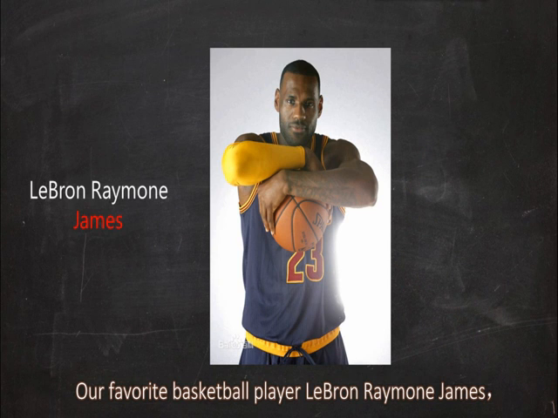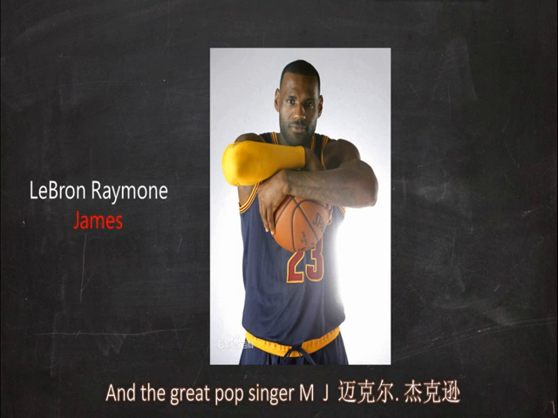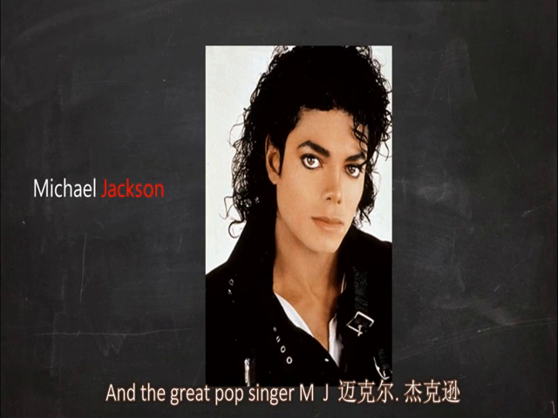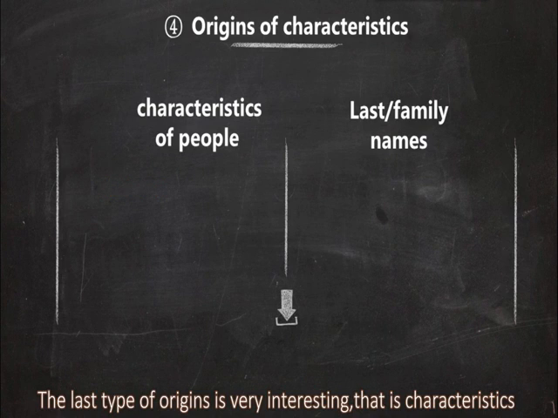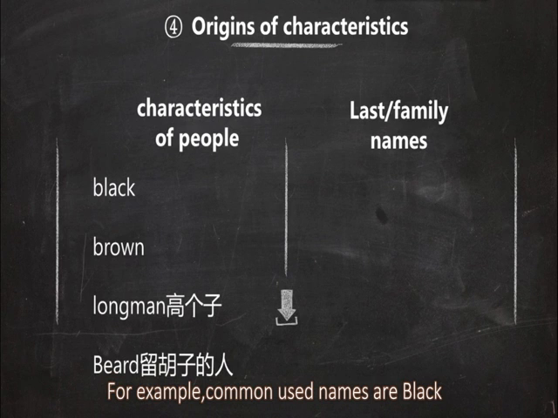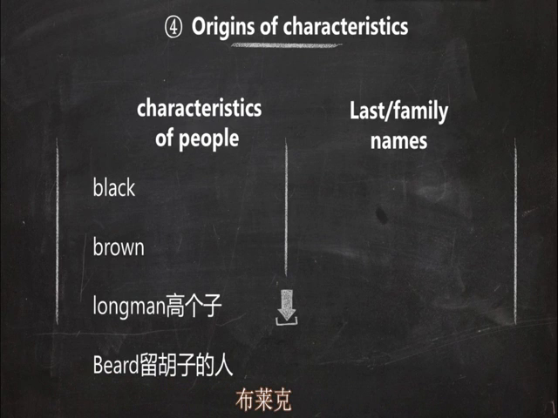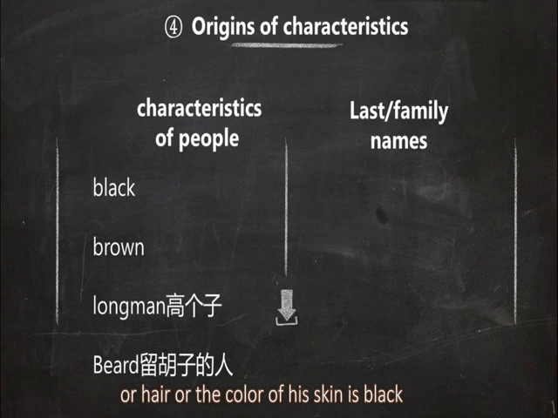Our favorite basketball player, LeBron Raymone James, 篮球明星 James, and the great pop singer, MJ, Michael Jackson, they both belong to this type. The last type of origins is very interesting. That is, characteristics. For example, Black, 布莱克, refers to someone who has black eyes or hair, or whose skin is black.